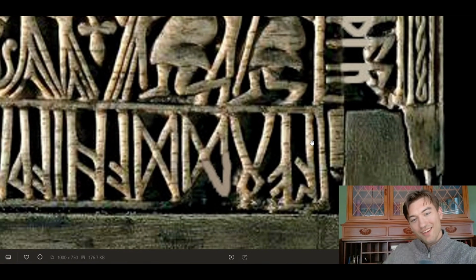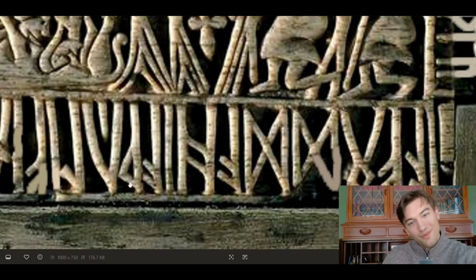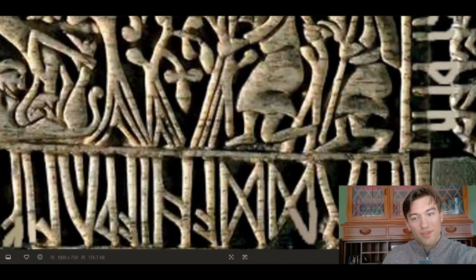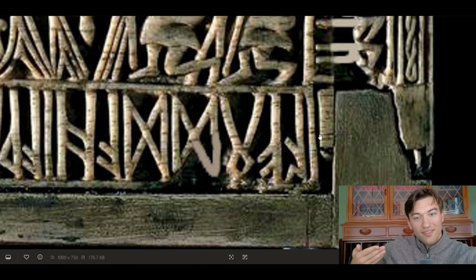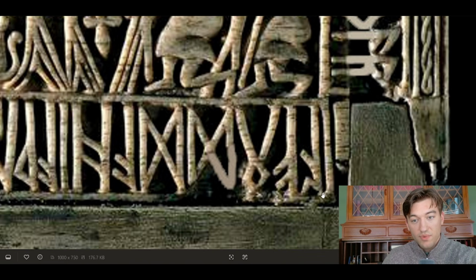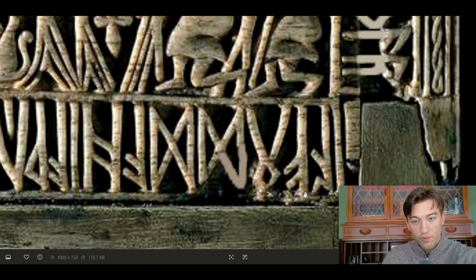Then the inscription turns upside down. So in a funny little way of wrapping around the image, it actually wraps around underneath, and the next couple words are written upside down. The next word begins with ak, but this is the a prefix. So the real root of the word begins with this next letter, which is feuch.